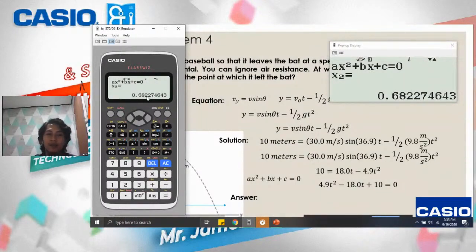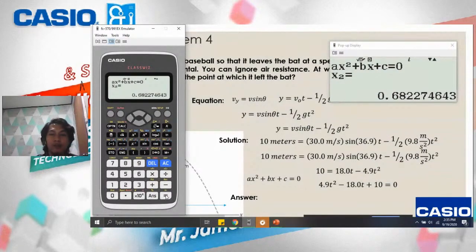Okay? So, we also expect this answer na dalawang magiging sagot kasi sa ating quadratic formula, naka-square root siya. So, meron tayong value na positive and negative, plus minus, sa ating b square. So, we are expecting this value, two answers.